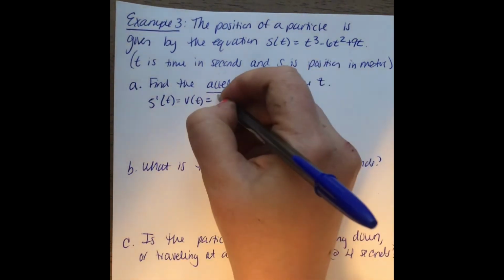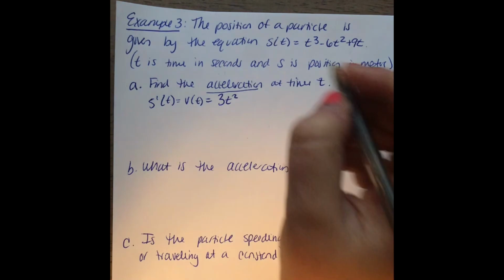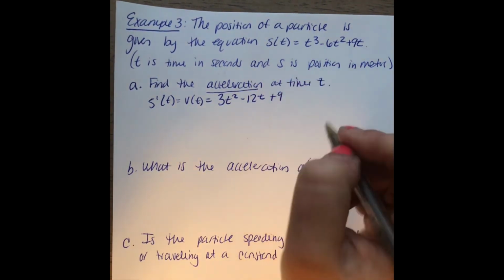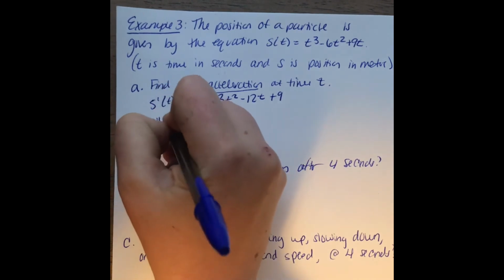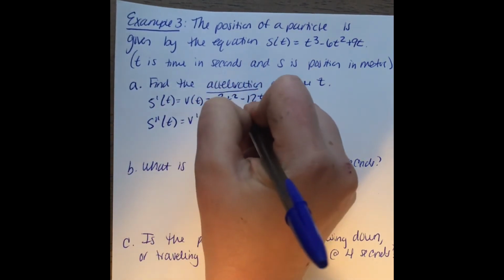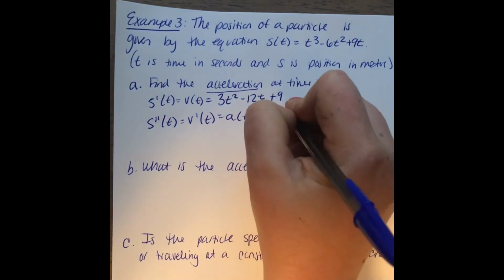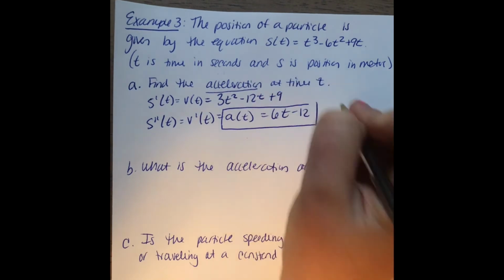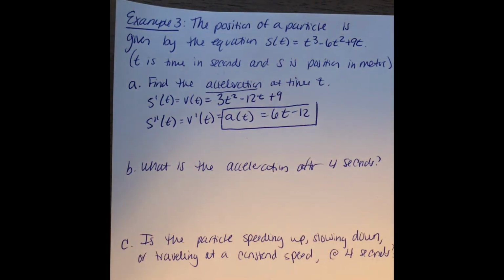And that, using the power rule, is 3t squared minus 12t plus 9. Then we have to find the derivative of that, or v prime of t, your acceleration function, and that's going to be 6t minus 12. Since we found the second derivative, that is our equation for acceleration at time t.